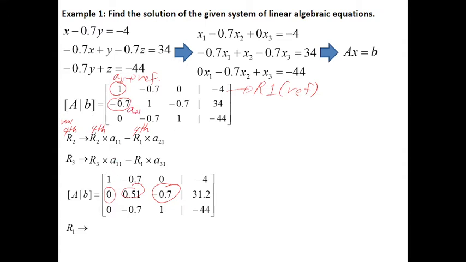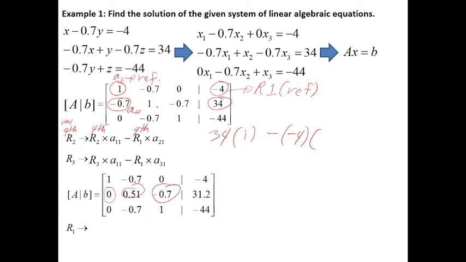The fourth element in row 2, we have 34 multiplied by A11, that is 1, minus R1, fourth element, negative 4, no?